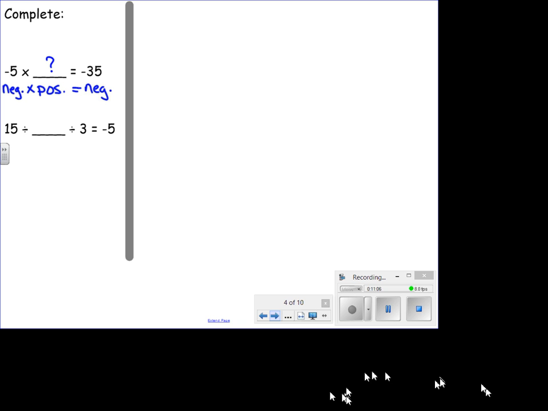So if that number has to be positive, well, 5 times what makes 35? Then I can just think of, all right, I got that 7. 7 times 5 makes 35. So I know that -5 times positive 7 is going to make negative 35 because I have one negative and I have one positive.